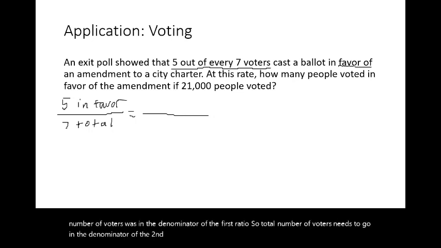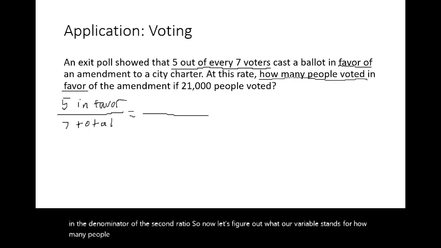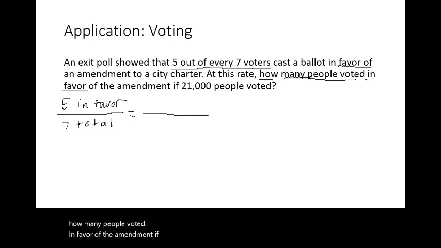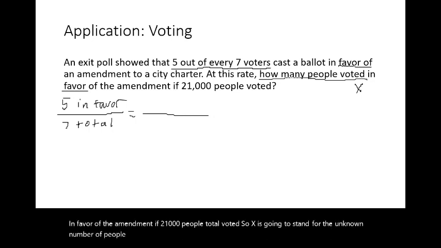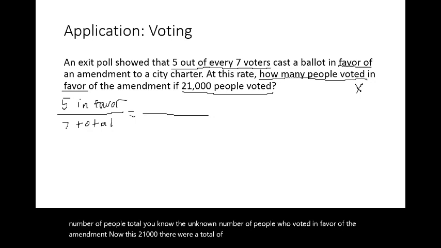So now let's figure out what our variable stands for. How many people voted in favor of the amendment if 21,000 people total voted? So X is going to stand for the unknown number of people who voted in favor of the amendment. Now, there were a total of 21,000 people that voted, period.